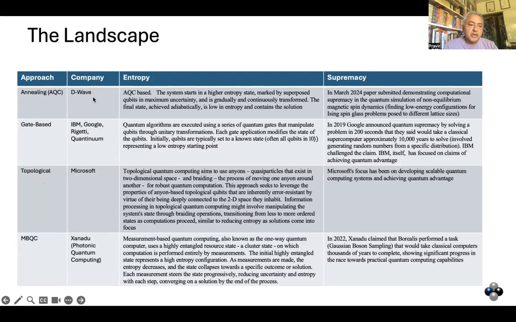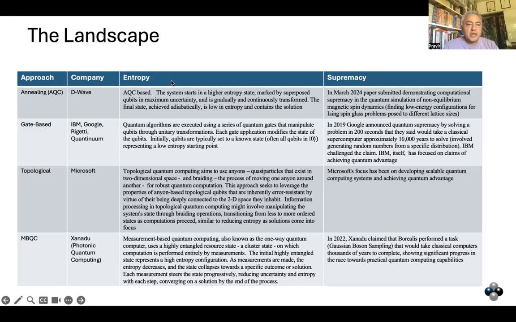And when we look at companies that basically follow these, we have D-Wave as an example of annealing quantum computing, IBM and Google, Rigetti, Quantinuum as gate-based approaches, Microsoft as topological, but is still also a gate-based approach, and then Xanadu as a whole systems approach to quantum computing, but specifically the measurement-based quantum computing approach.